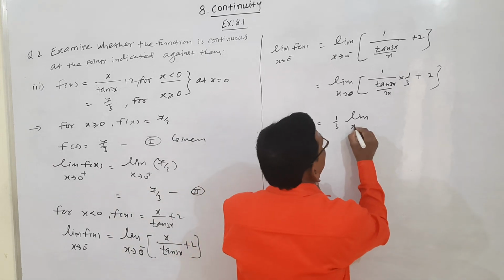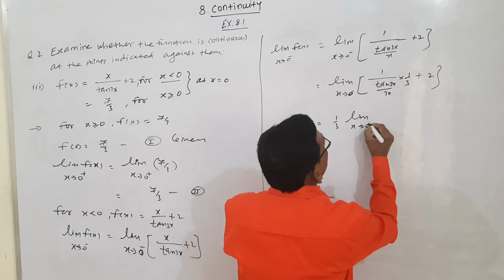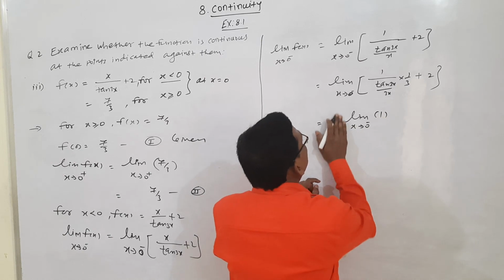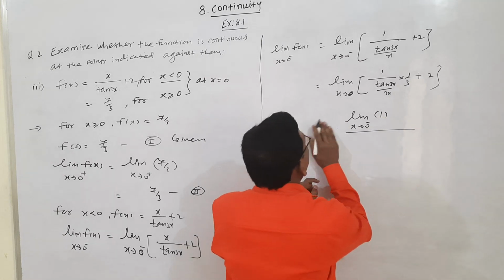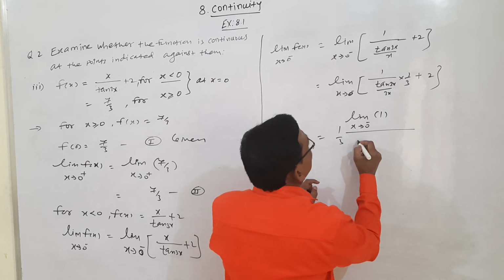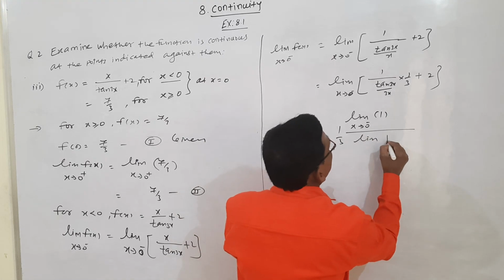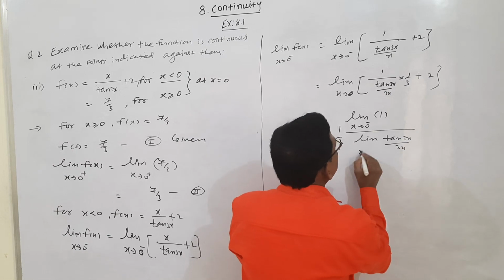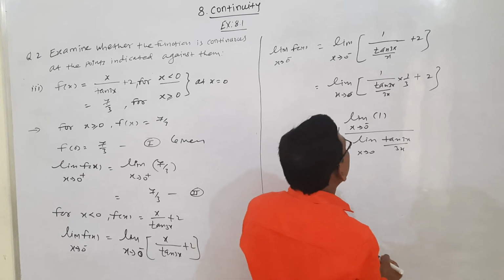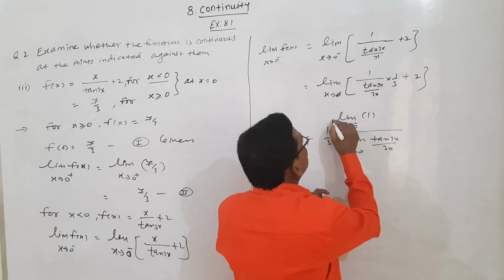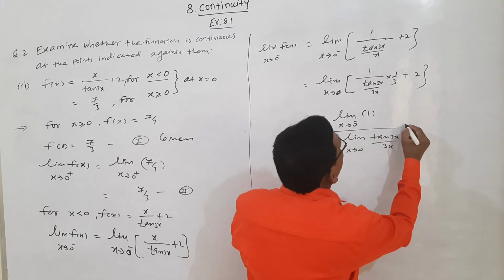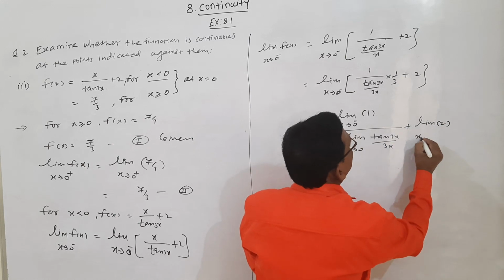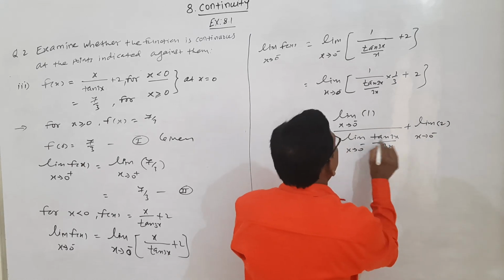Apply the limit to each and every term: 1 by 3 into limit as x tends to 0 minus of 1 in the denominator, limit of tan 3x divided by 3x as x tends to 0, and plus limit of 2 as x tends to 0 minus.